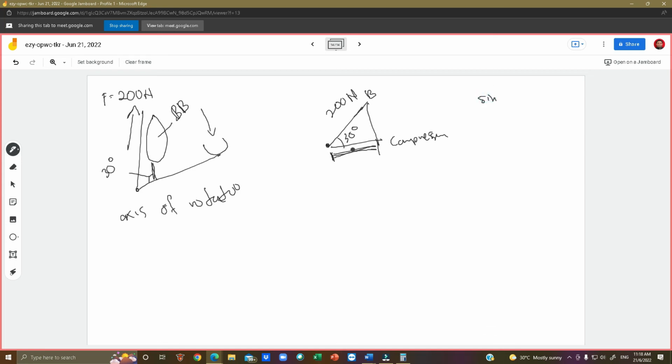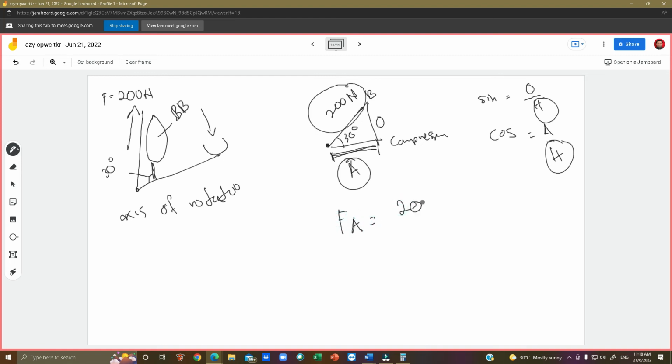Kalau force dekat sini, kita pakai cos. Okay, sin ialah opposite hypotenuse, cos ialah adjacent hypotenuse. So we have the hypotenuse. Sekarang kita nak tahu bahagian ni A, ni bahagian ni O. A, kita pakailah cos. Jadi macam mana kita nak masukkan? Ni straightforward je. F A equals to 200 cos 30.